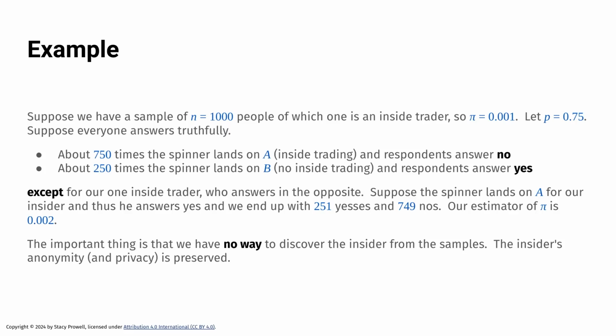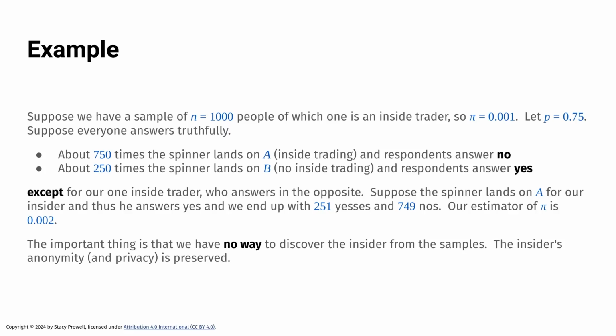And so we then ask 1,000 people. We would expect, if the spinner is fair, that about 750 times, probably not exactly, the spinner lands on A, and about 250 times, the spinner lands on B. It's going to be about 3 to 1.